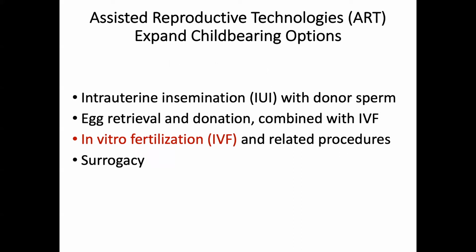As the name indicates, this technology involves placing sperm inside a woman's uterus to facilitate the fertilization. The goal of IUI is to increase the number of sperm that reach the oviduct and subsequently increase the chance of fertilization. Eggs can also be retrieved and donated.